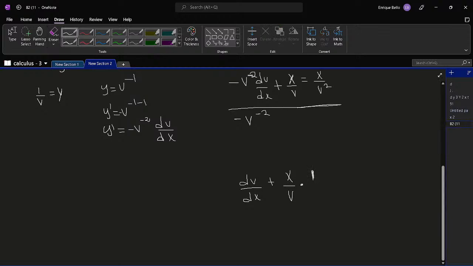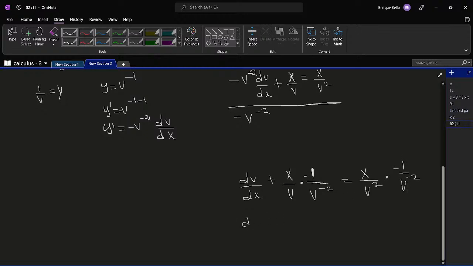Not 1, but minus 1 over v minus 2. And then this is going to be equal to x over v squared times minus 1 over v minus 2. It's going to be dv over dx. But not plus, but minus actually.